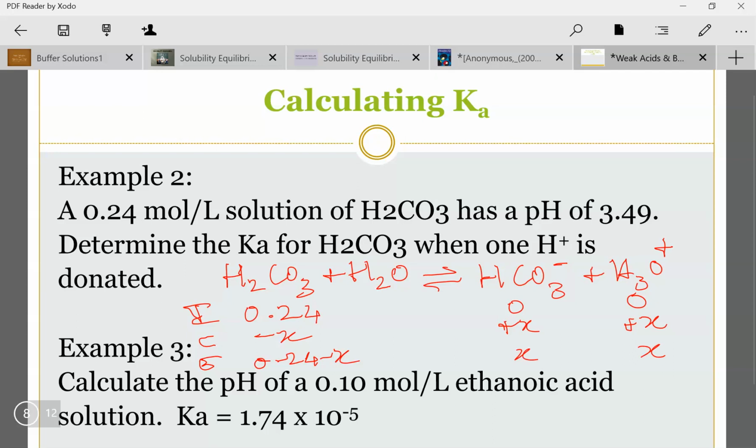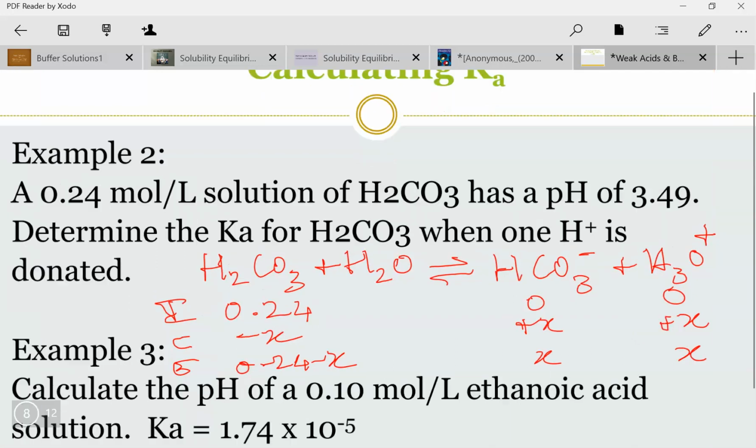And now I'm going to look at the back of the textbook and find H2CO3. I cannot find H2CO3. Oh, I found H2CO3. Ka is given to be 4.5 times 10 to the power negative 7.